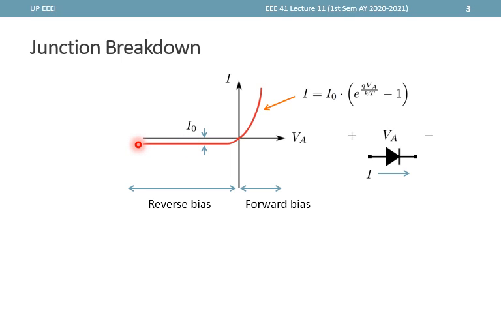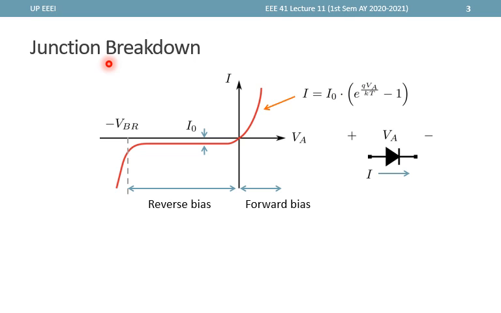However, in real life, when we apply enough reverse bias to a diode, we actually get to a new region of operation where the diode breaks down. Okay, so this breakdown region does not actually mean that the diode is already broken or cannot operate normally anymore.